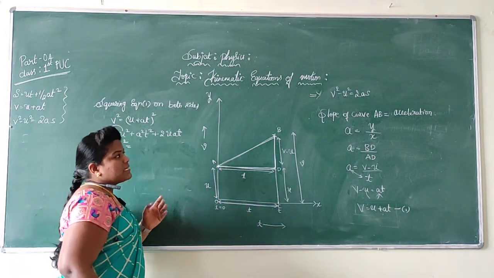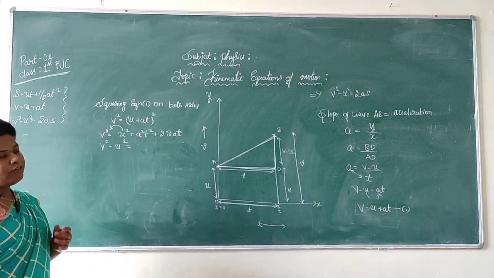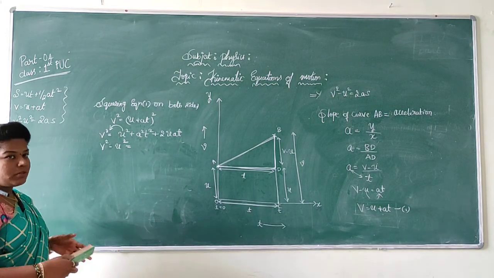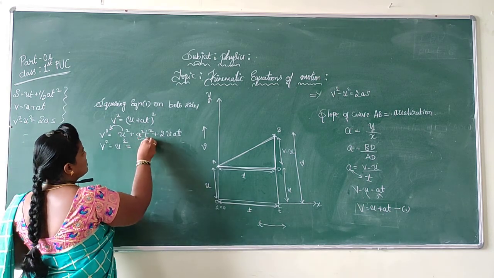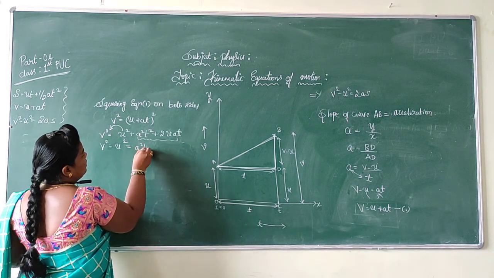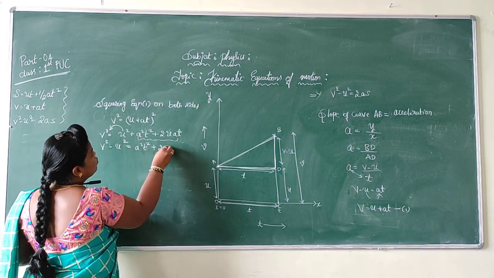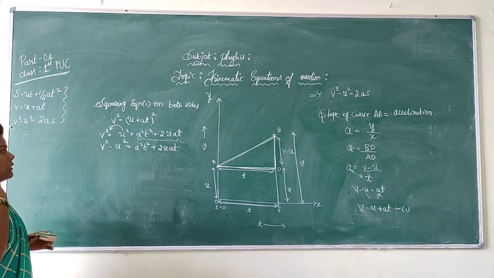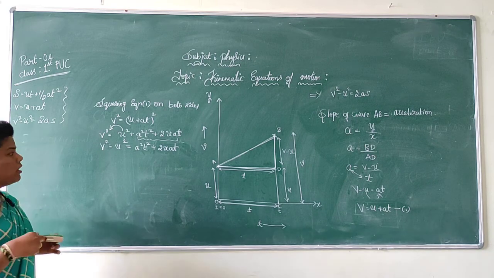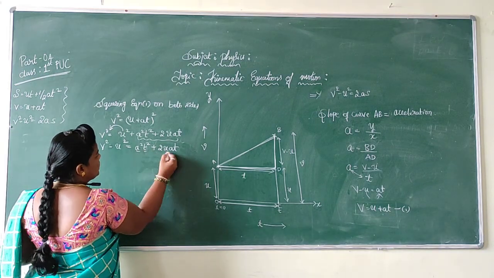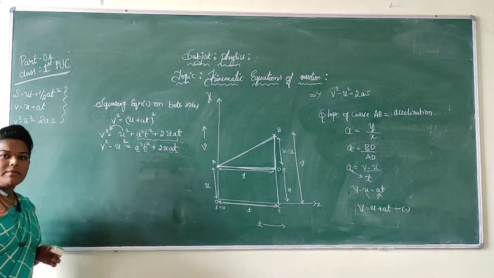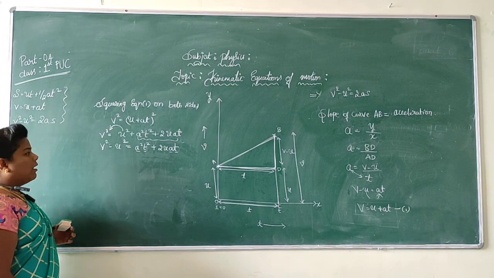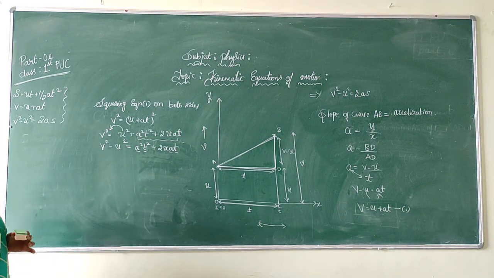The next thing is I should get the value of 2AS. Let us work on that. The remaining terms are A square T square plus 2UAT. Which are the common terms present here? A and T are the common terms present in both. So let us try to take the common terms outside.